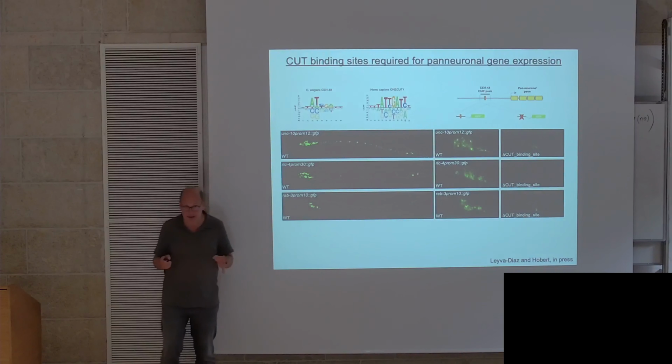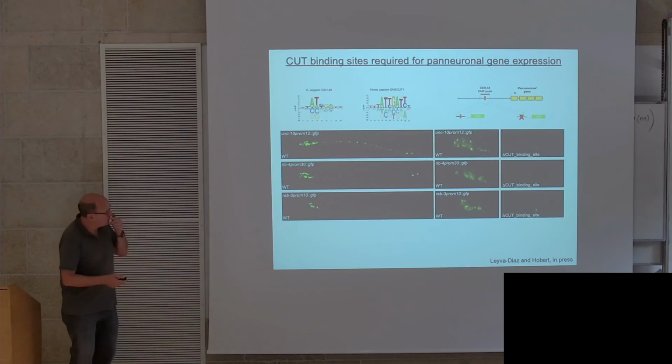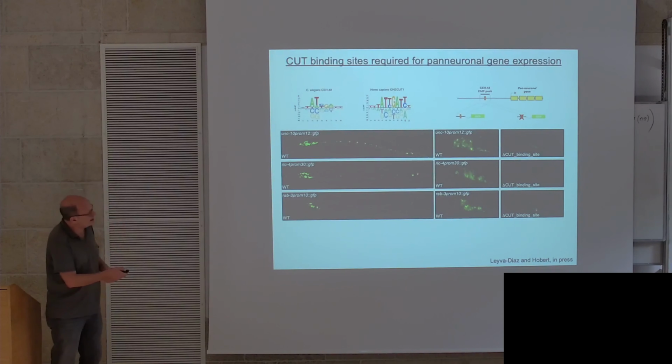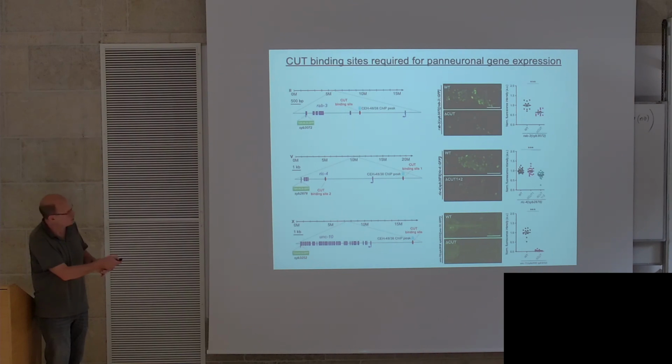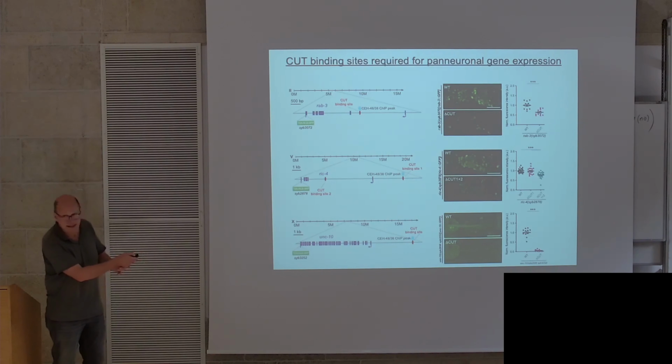Okay, so having this binding site looked great. We can take these genomic fragments that have the binding site for these CUT homeodomain proteins, fuse them to GFP. We see paneuronal expression, looks great. We can do it even more sophisticated. We can tag these paneuronally expressed genes with GFP using CRISPR. We can, again, use CRISPR to mutate those binding sites, and what you'll see, lo and behold, is a reduction of gene expression.